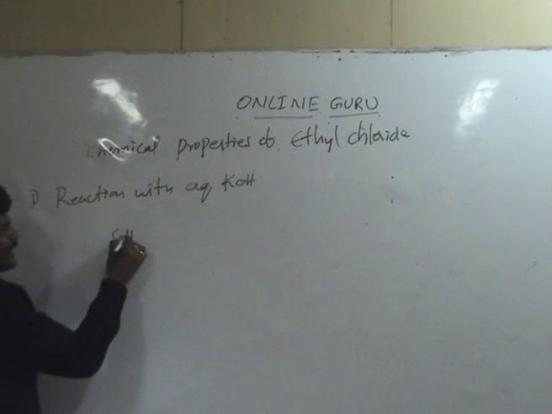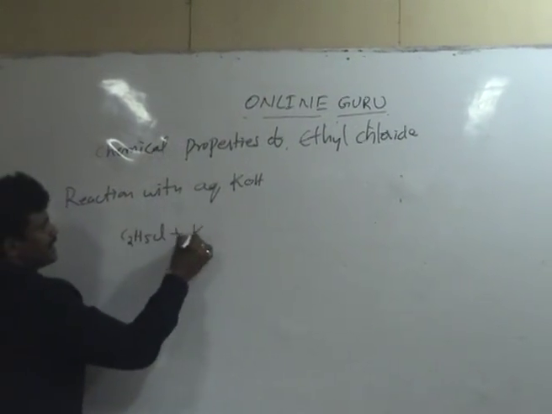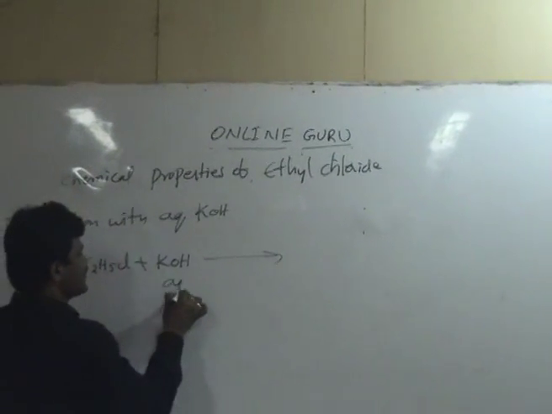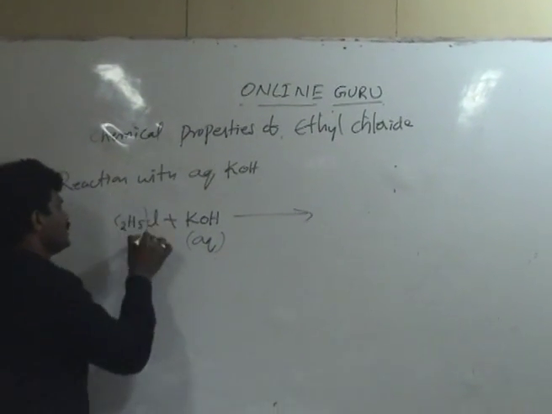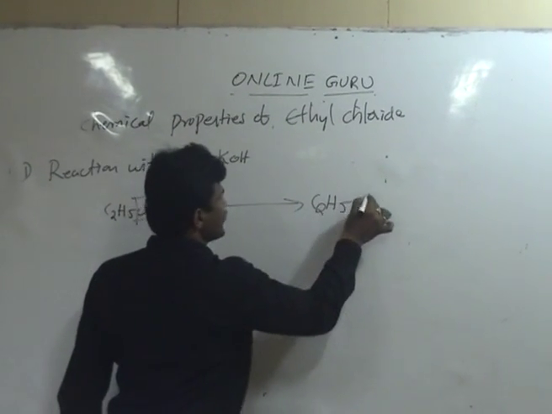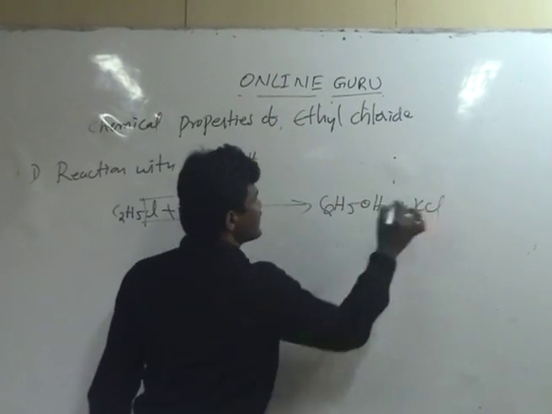When ethyl chloride reacts with aqueous KOH, it produces ethyl alcohol and KCl.